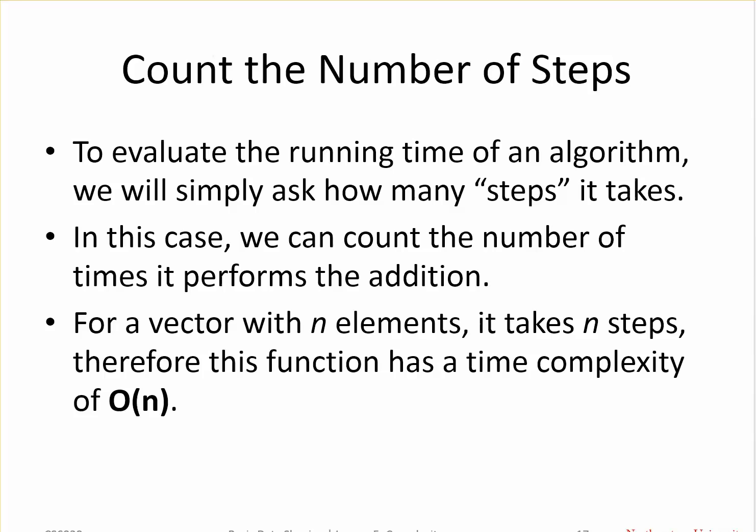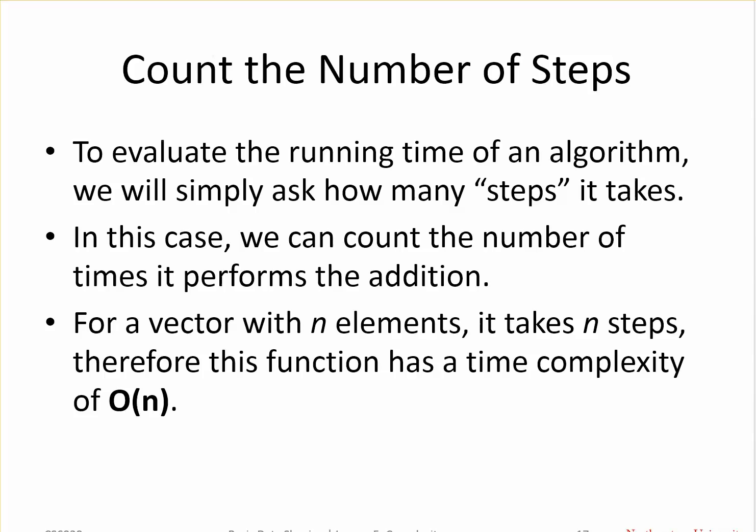To evaluate the running time of this algorithm, this function, we need to ask, well, how many steps does it take? In this case, we can count the number of times it performs the addition: S gets assigned S plus V sub I. So for a vector with n elements, it would take exactly n steps, because the loop loops from 1 through n, which is the number of elements in the list.